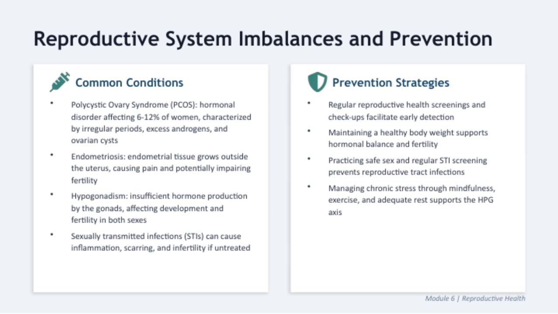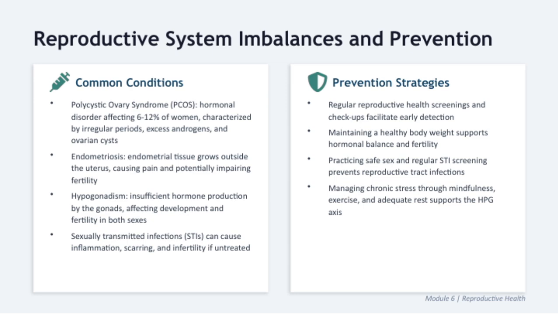Moving on to common conditions, polycystic ovary syndrome, or PCOS, affects about 6 to 12% of women. It's a hormonal disorder characterized by irregular periods, excess androgens, and ovarian cysts. Endometriosis involves endometrial tissue growing outside the uterus, which can cause significant pain and may impair fertility.